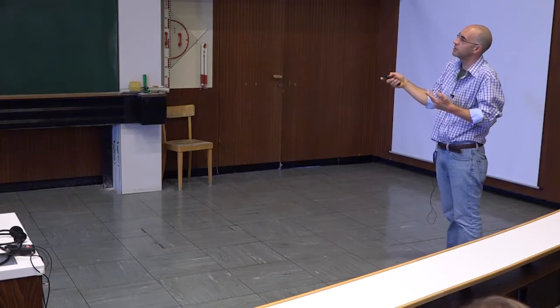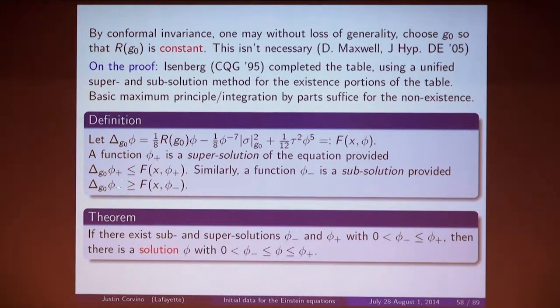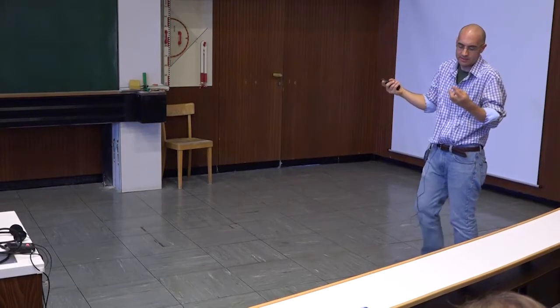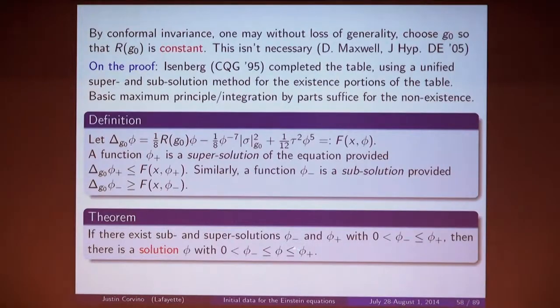You don't solve the equation on the nose. You produce functions phi plus and phi minus that don't satisfy the equality, but satisfy it with an inequality the right way, such that phi minus is less than phi plus, and phi minus is strictly bigger than 0. And if you can do that, it's a standard method, then by using an iteration argument, you can show there's a solution trapped in between.